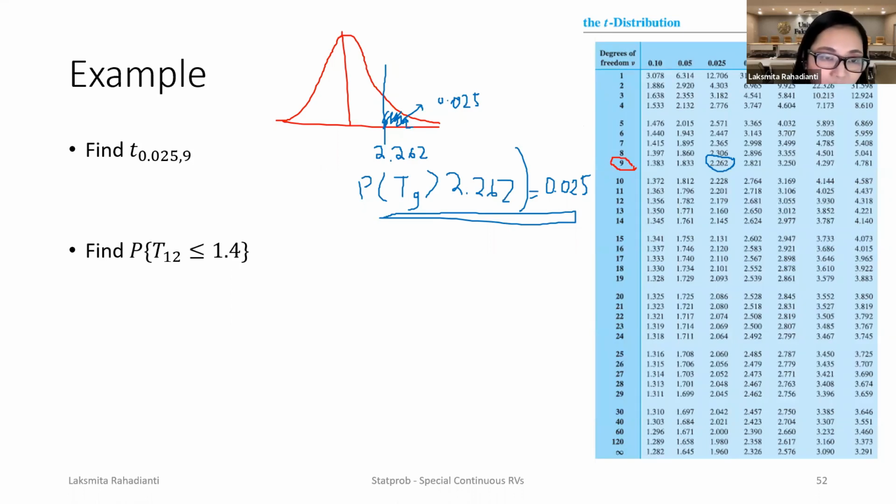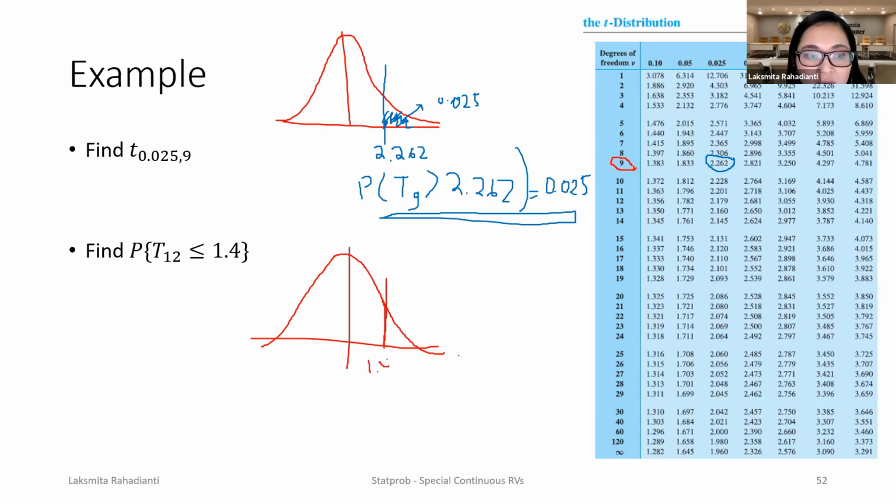So let's draw what we're trying to do. Here, I know that I'm drawing my line at 1.4. I know it's the opposite. So I want to know what's the probability it's less than that. In other words, I'm trying to compute the less than, this area here.